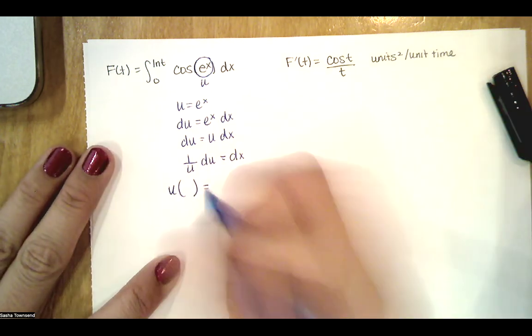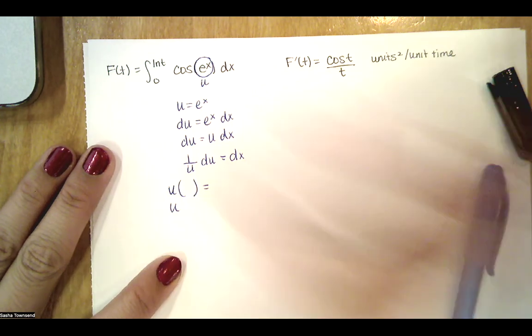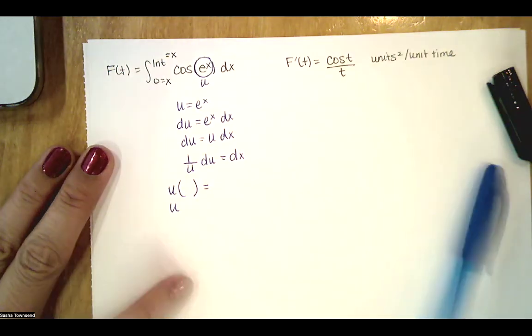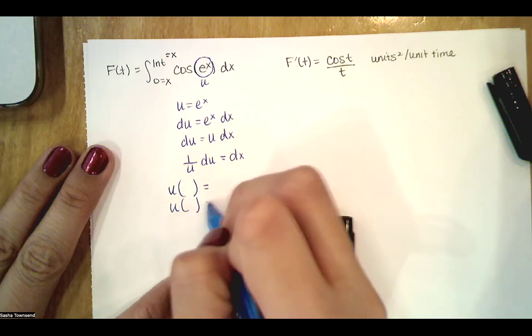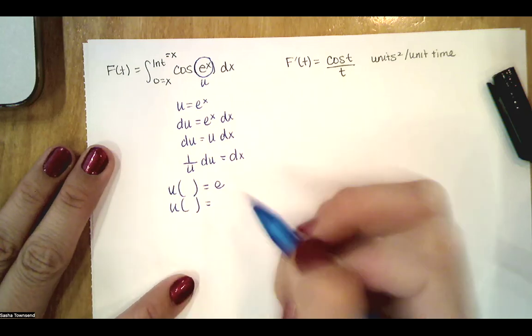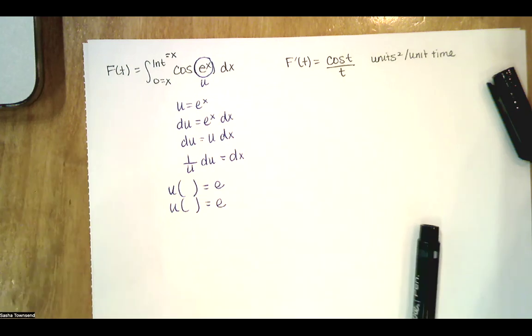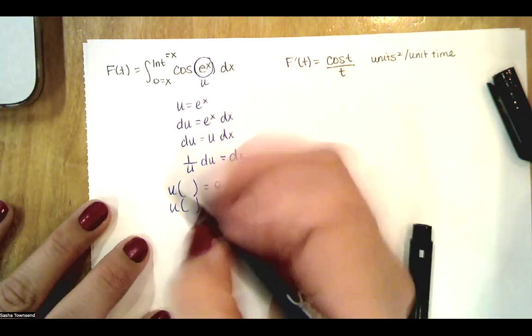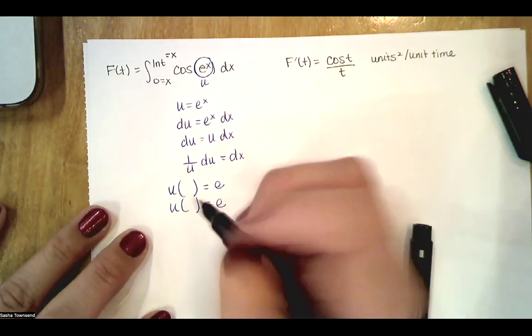Now, we also need new upper and lower bounds. These are x values. This says x starts at 0 and x ends at natural log of t. So where does u start and where does u stop? Well, we can find that by evaluating u at the upper and lower bounds for x to get the new upper and lower bounds in terms of u.